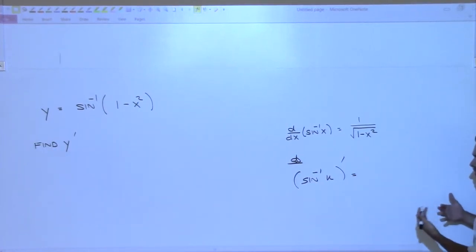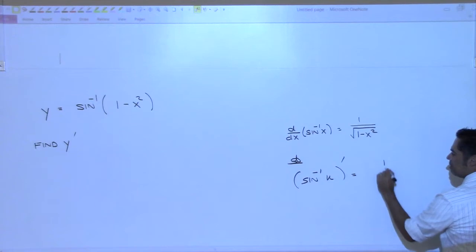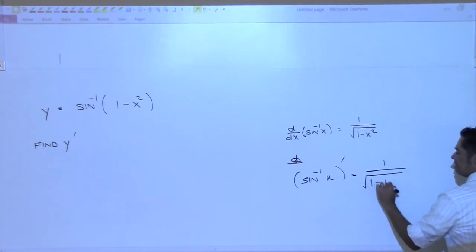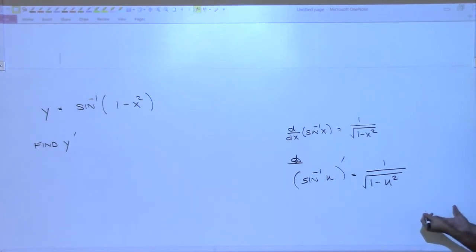Let's see if you can follow how chain rule works with all these. 1 over square root of 1 minus that something squared, but then what? Times the derivative of what's in here. So you're always going to have that u prime sticking off the end. That's your chain rule. In all of these formulas, it's there.